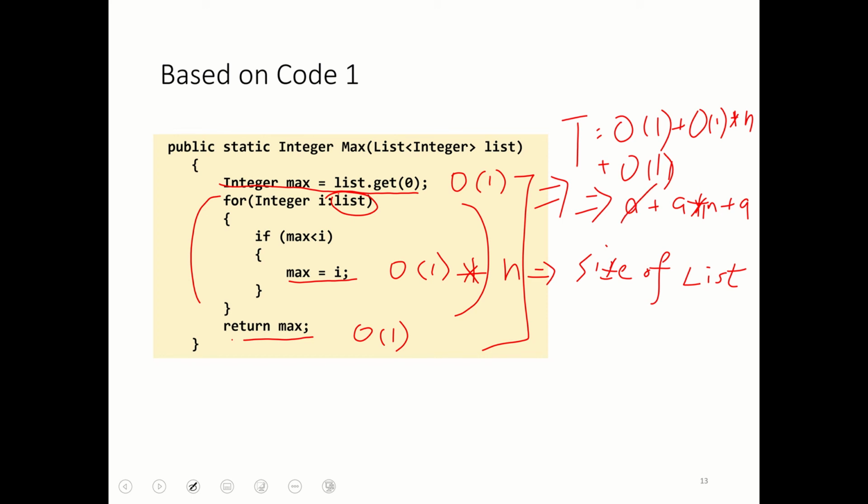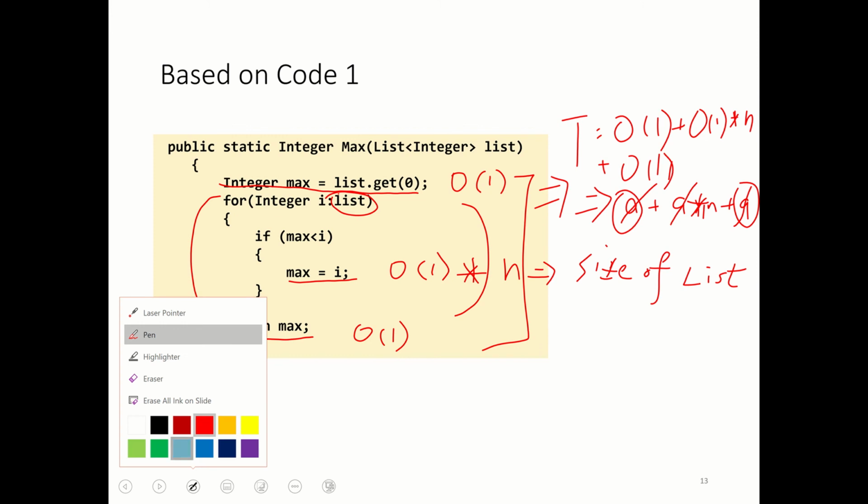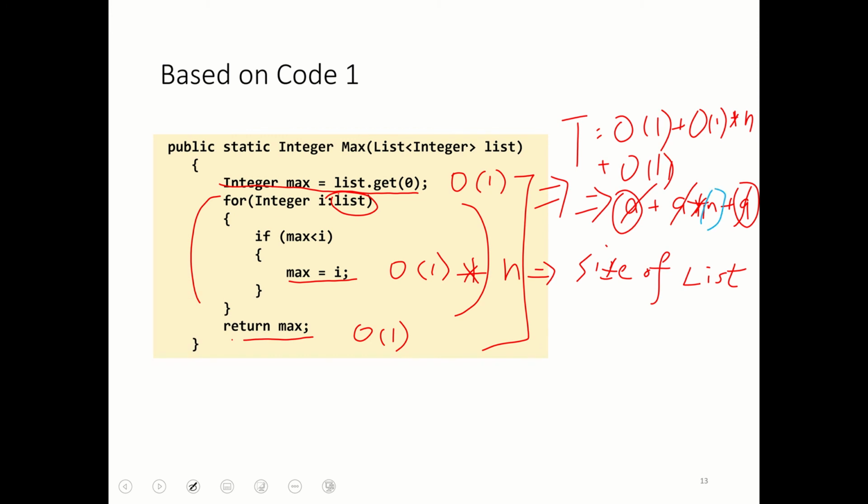So a is a constant factor, and the lower order terms a and a are dropped, which only leaves n. So we get that this time complexity is big O(n).